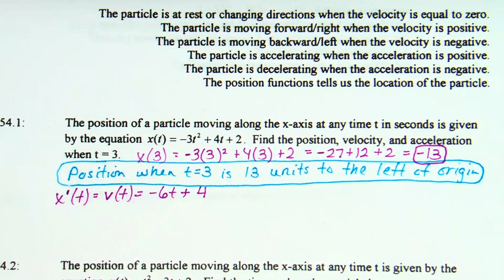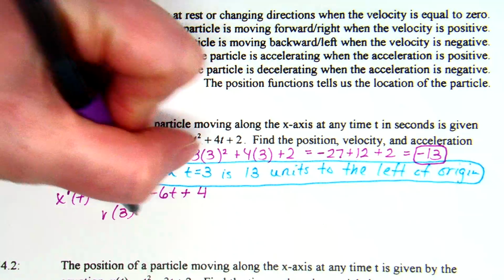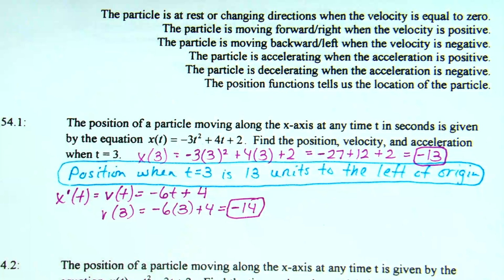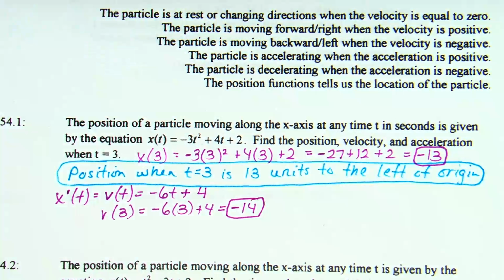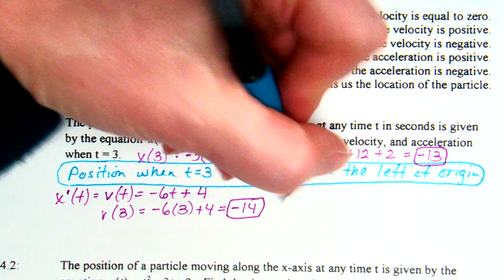So what is the velocity at 3? Negative 6 times 3 plus 4, which is negative 14. Okay, so what does negative 14 mean? It's moving 14 units per second. Because it's negative, that means backward or left.